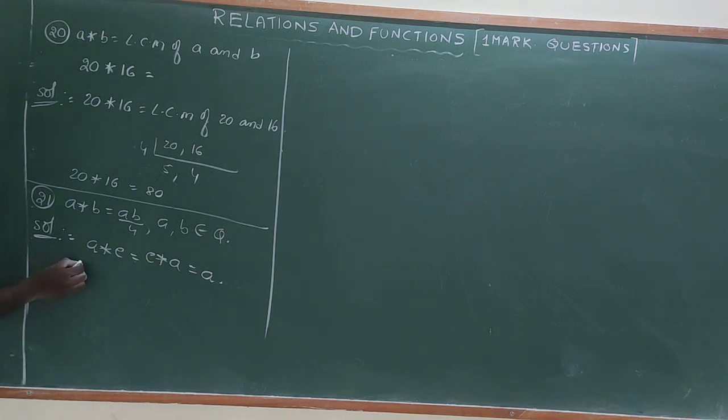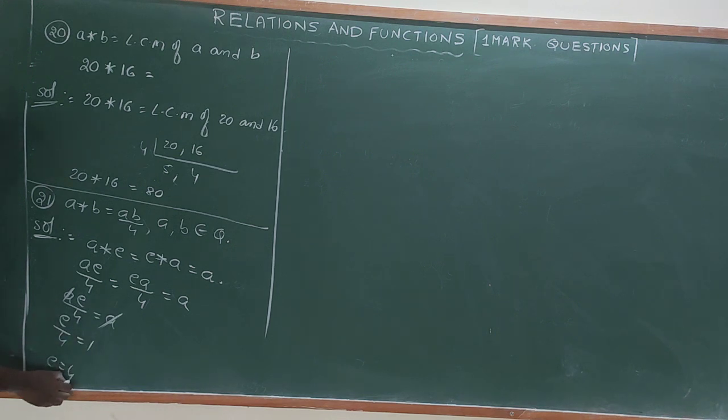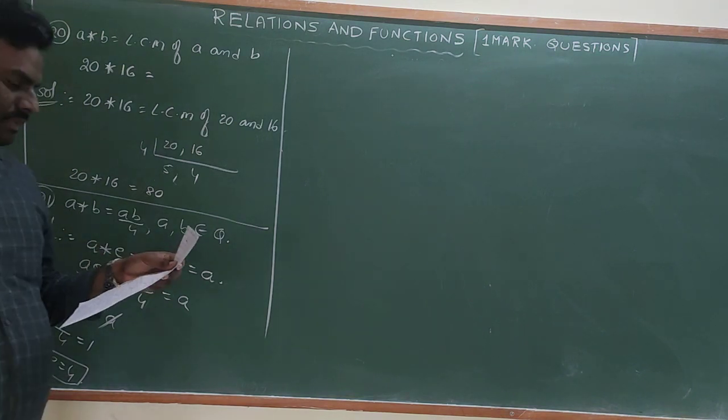A star E I can write as AE by 4. E star A I can write as EA by 4. That is equal to A. You take the first and last. AE by 4 is equal to A. A gets cancelled. E by 4 equals 1. Then E equals 4. This is the identity.